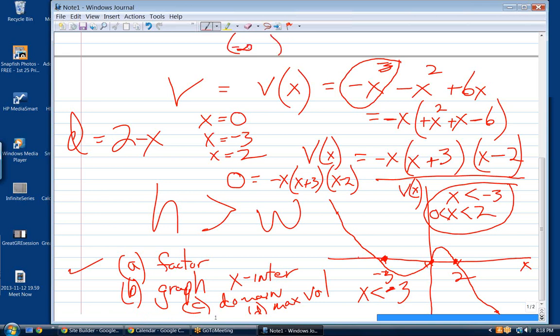X can go anywhere from minus infinity to minus 3, combined with from 0 to 2, and that's it. That's the domain right there. And notice that it can't even be minus 3, because if it was minus 3, the volume would be 0.